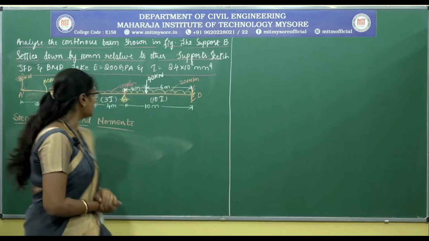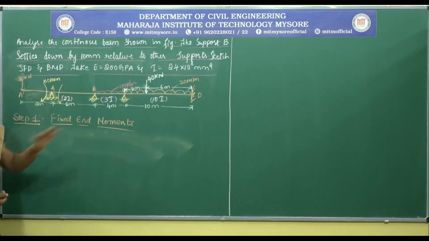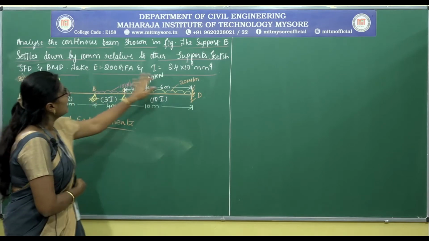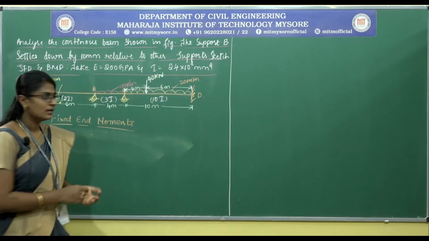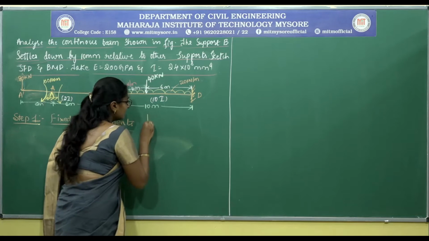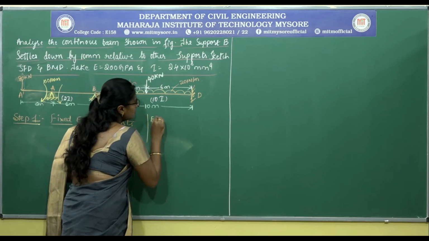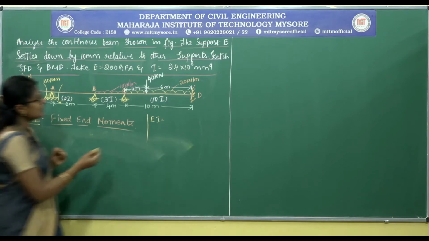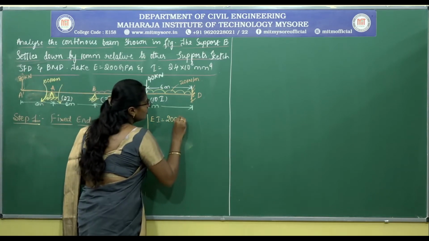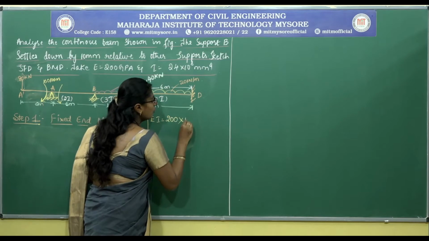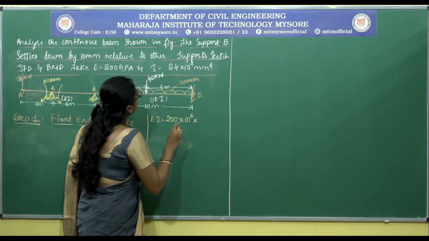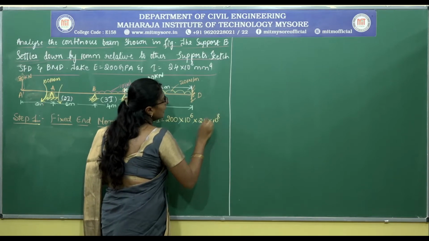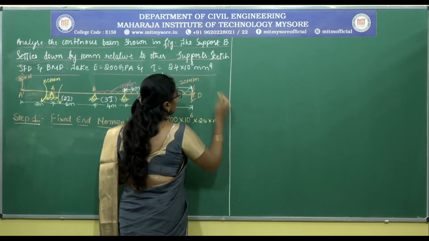We shall go stepwise to calculate the fixed end moments. Before that, since E and I are given here, we shall calculate the value of EI, which will make our calculation easier. So what is E? It is equal to 200 GPa, which is equal to 200 into 10 power 6, and I is equal to 4 into 10 power 8 mm to the power 4.